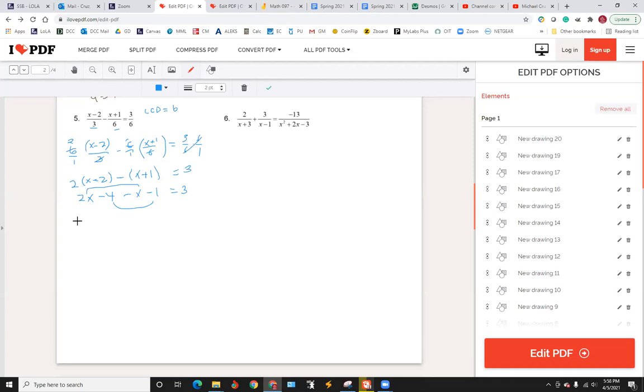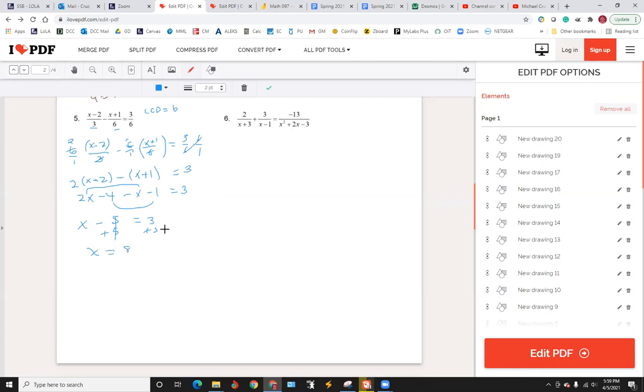So 2x minus x is just x. Negative 4, negative 1 is negative 5. So plus 5. So x is equal to 8.